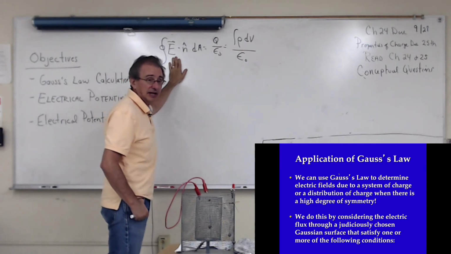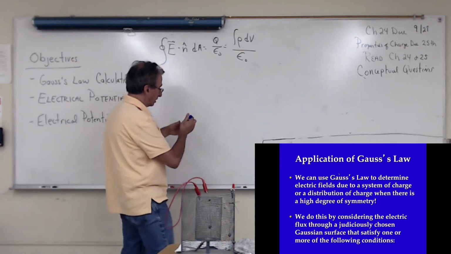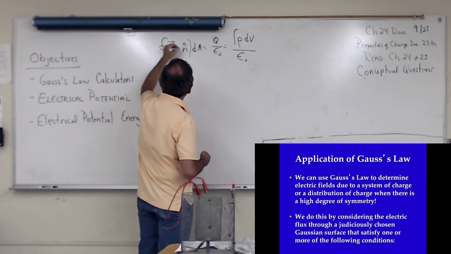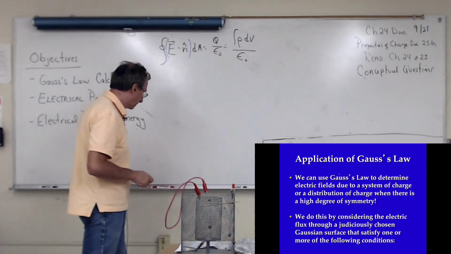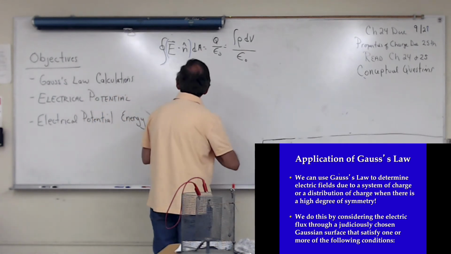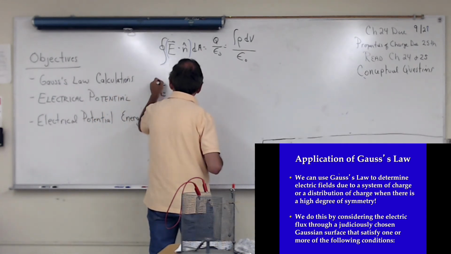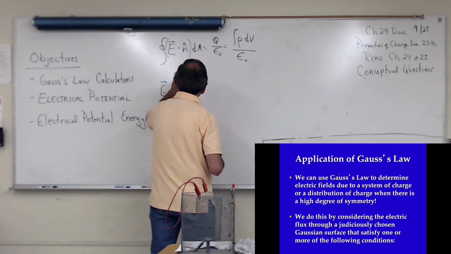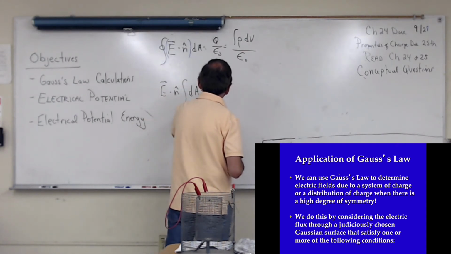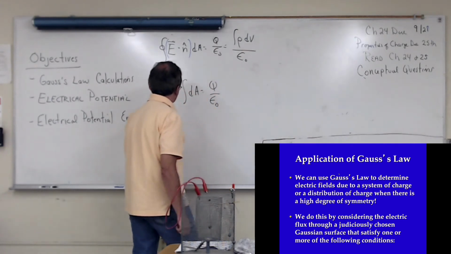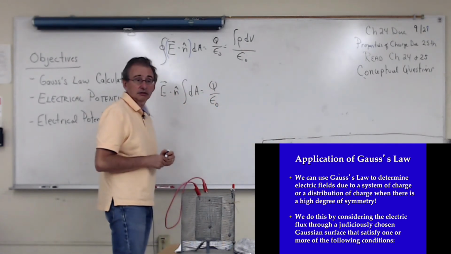The special case I'm talking about is where I can pull the term in parentheses out of the integral. If I find a case where I can do this, then I can solve for E.